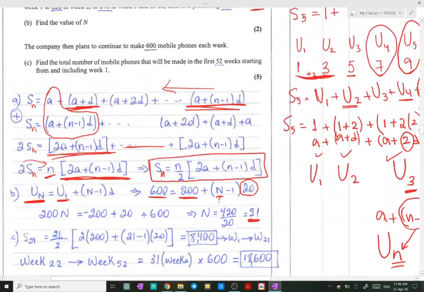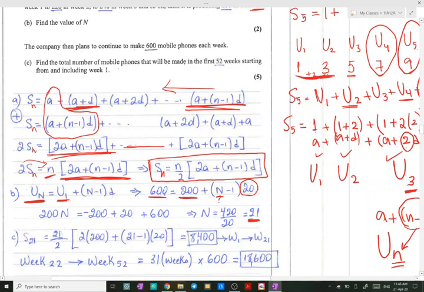Now in part C, the company then plans to continue to make 600 phones each week. So now it's stable, and each week they are producing 600 mobiles. Find the total number of mobile phones that will be made in the first 52 weeks, starting from and including week 1.